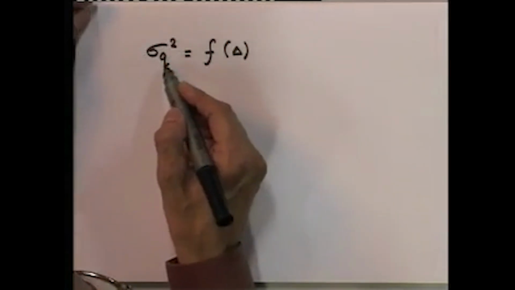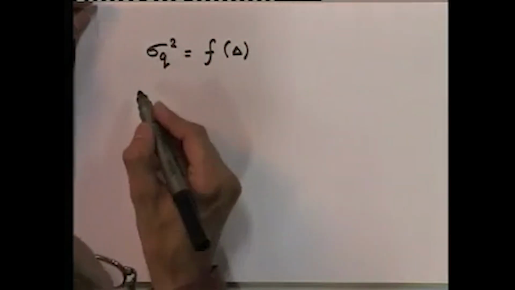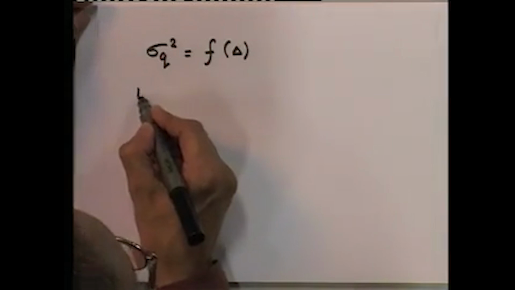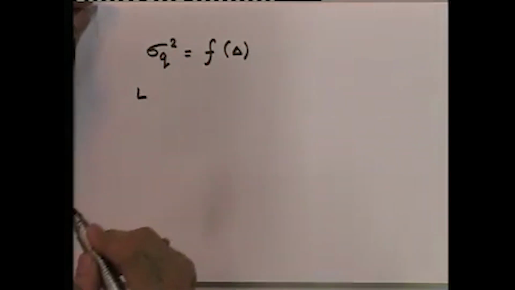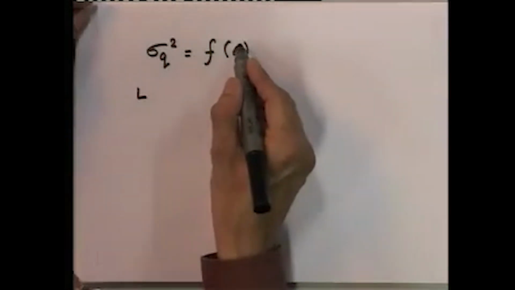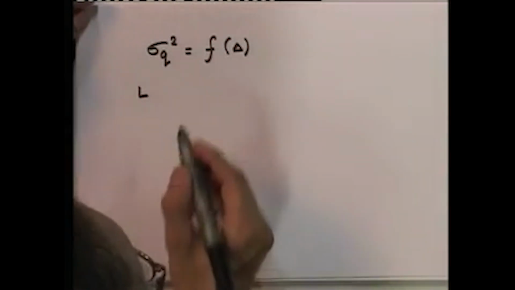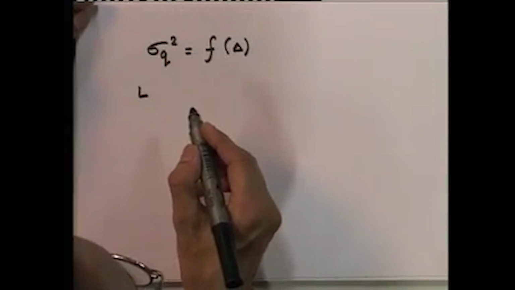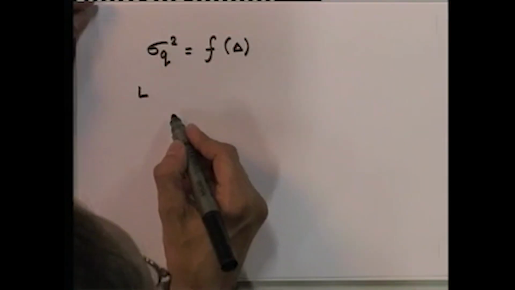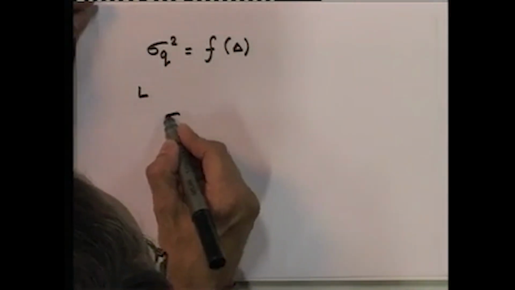Now, an expression for the minimum squared quantization error for an L level uniform quantizer as a function of delta can be found by replacing the boundary and the reconstruction level in the following equation.